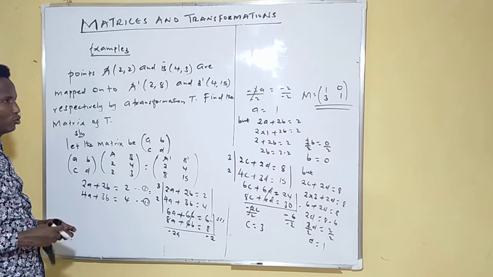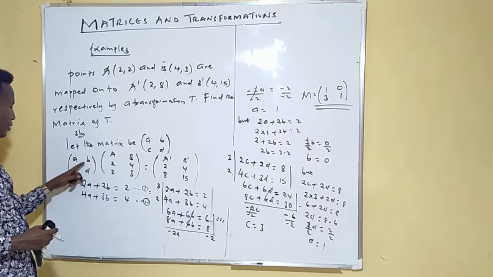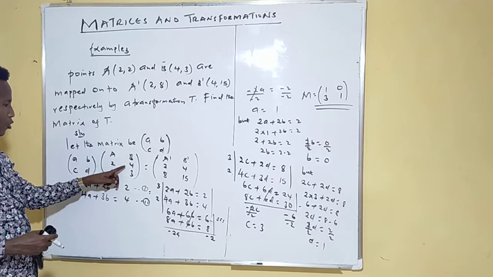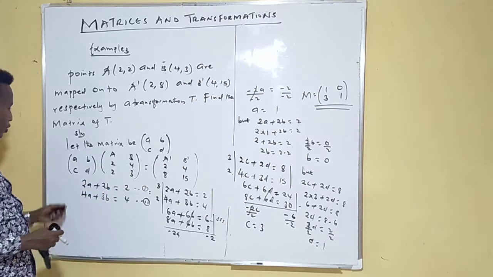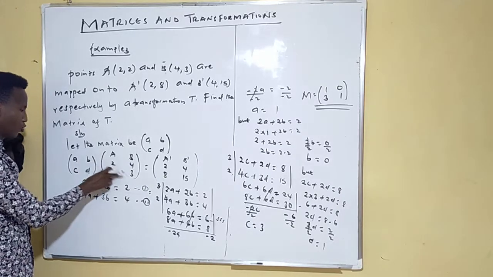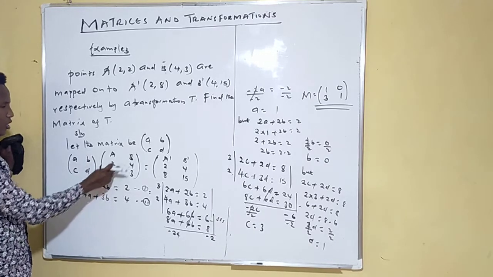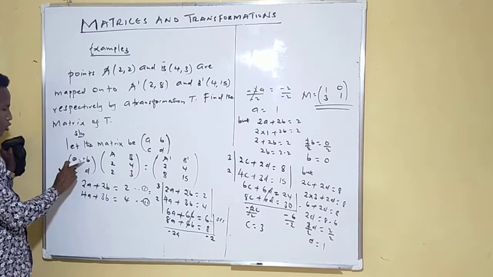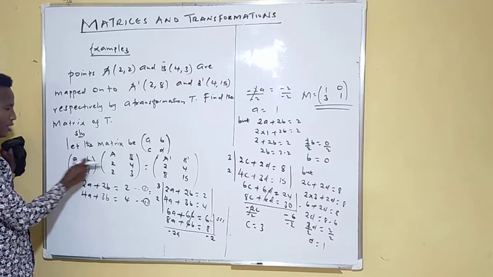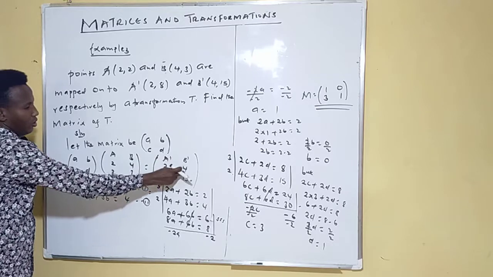Just understand the way I'm solving these questions. I'm taking an unknown matrix a, b, c, d, multiplied by the object points, equal to the image point. The moment you multiply, you say this row multiplied by this column. So a times 2 plus 2 times b times 2, you equate to the first one. Again, because you want to solve simultaneously, a times 4 is 4a plus b times 3 is 3b, equal to the second one.